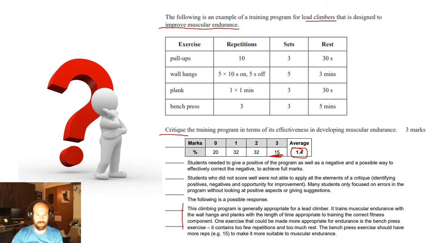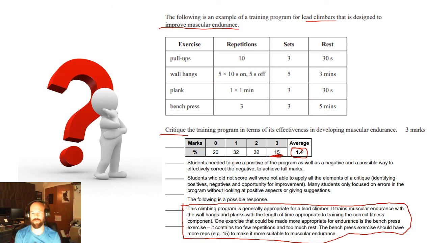One of the suggested responses, down here, says that it's generally appropriate. If you go back to that table, it suggested between 15 and 25 repetitions. So if you look at the table, we're talking 10 repetitions for pull-ups. Probably not the best indicator for improving muscular endurance, but it's not bad in terms of what's been presented. The one that really stands out is the bench press.